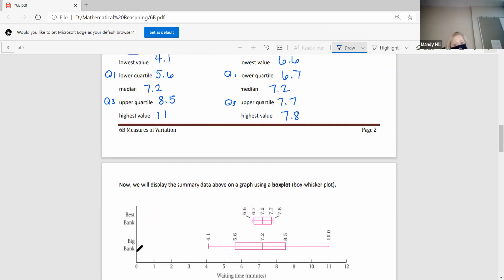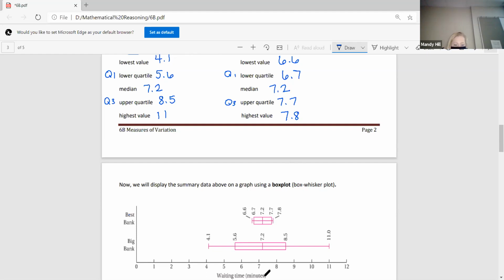We knew our range was from 4.1, our lowest of any of them, to 11, our highest. So we had to make a scale that at least went up to 11. They started it at 0 and went to 12, which makes sense because they've got to at least go to 11, so they went one past. And at the bottom, it says waiting times in minutes. You always want to label your graph.